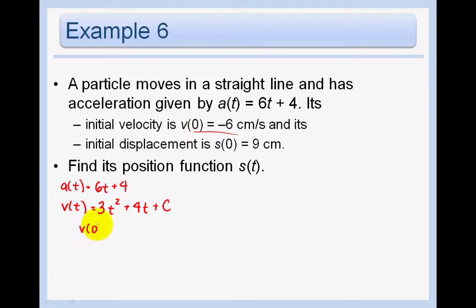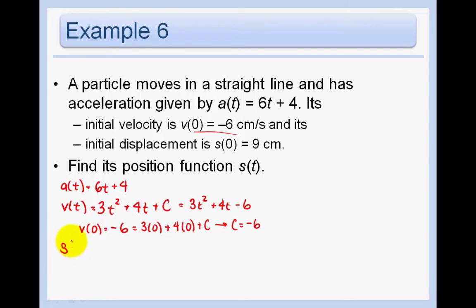So I'm just going to go ahead and plug it in right away so I can get my c value before I take another antiderivative. So now I know my velocity is 3t squared plus 4t minus 6.